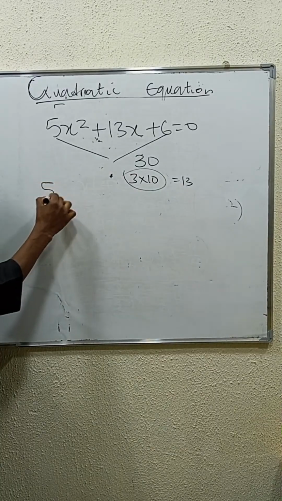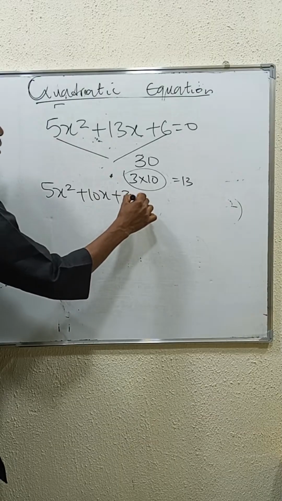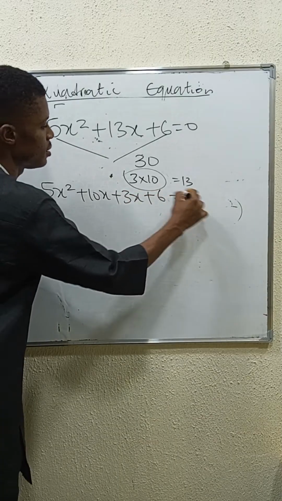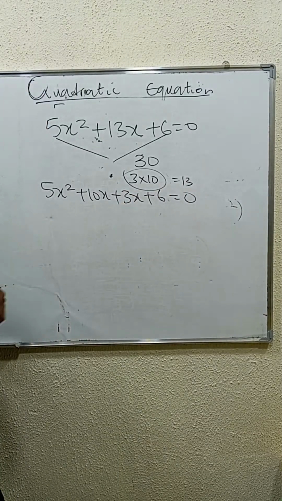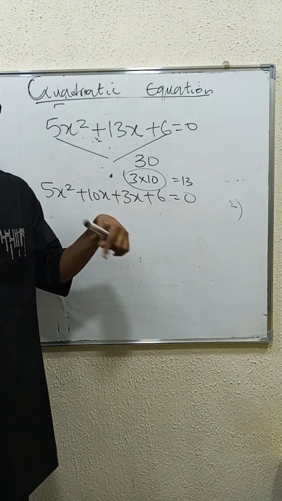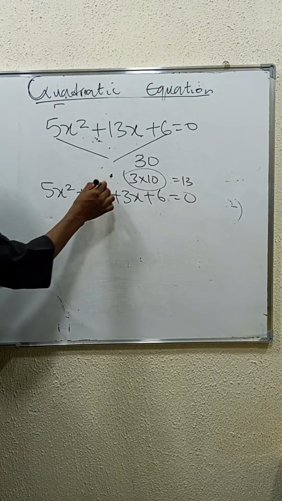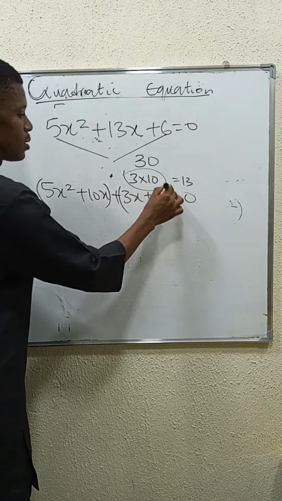So we have 5x squared plus 10x plus 3x plus 6 is 0. The two factors play the role of the middle term, so that they sum up as in the quadratic. Now you can group the first two and group the last two.